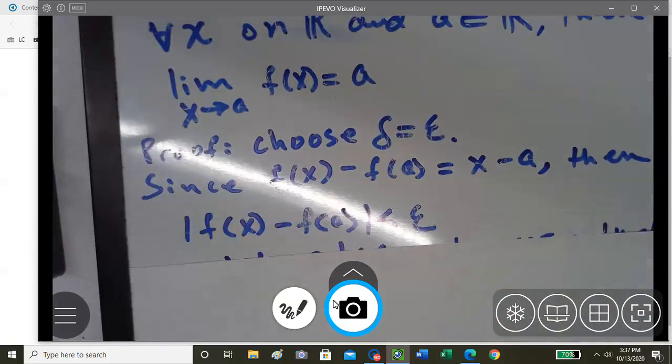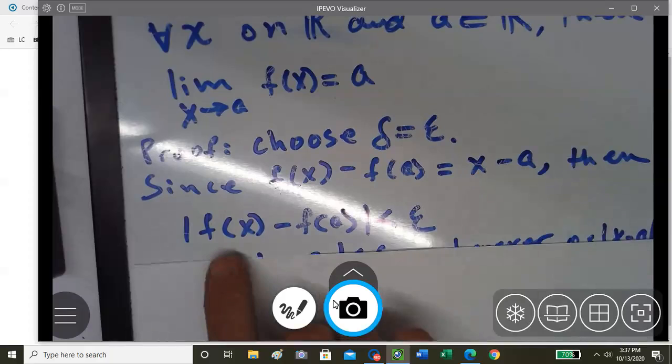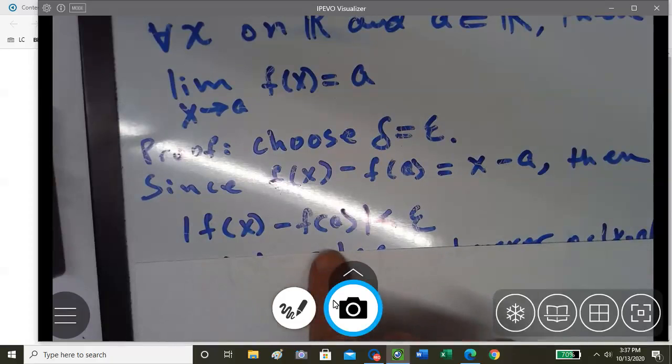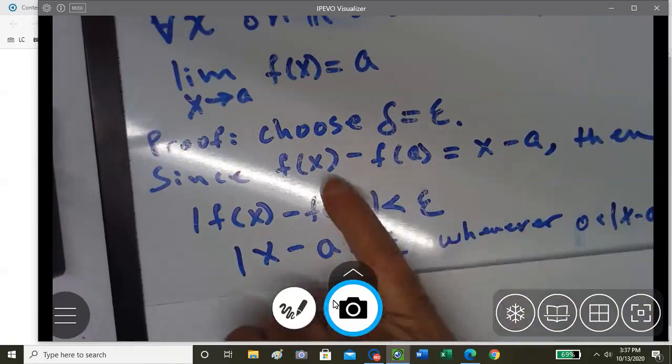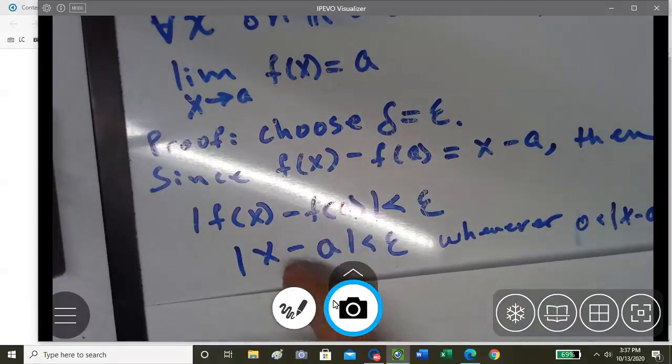Then we can say that the absolute value of f of x minus f of a is less than epsilon. So in that case, since these two are equivalent, we can substitute these two for x minus a.